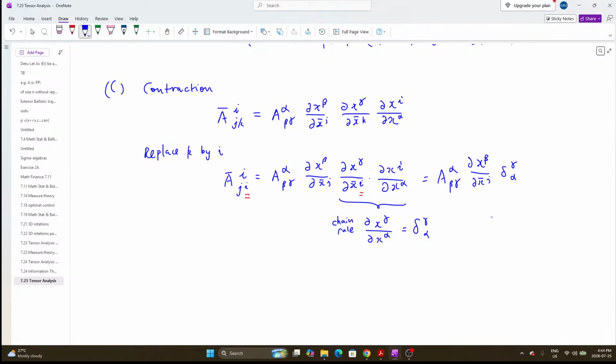So what's going on here? Alpha needs to be summed over, and when delta equals gamma, you can consider swapping gamma to be alpha and then get rid of the delta. The result is the same. So by swapping index, you just get A alpha beta alpha dx beta over dx bar j.